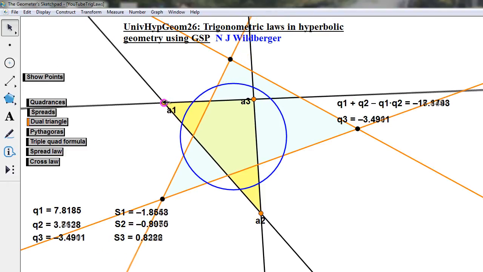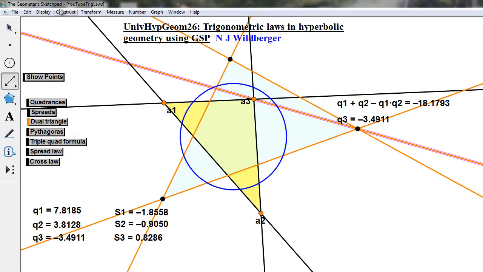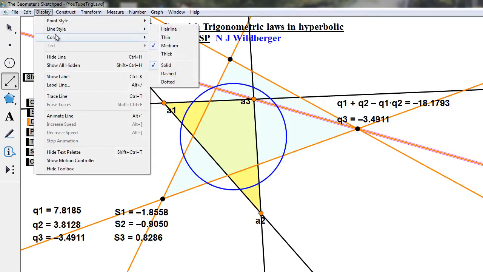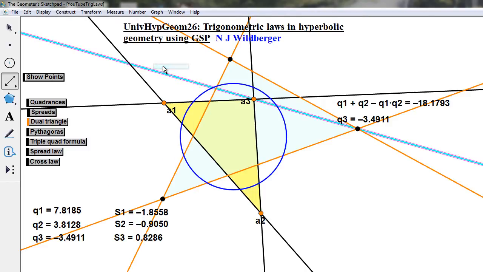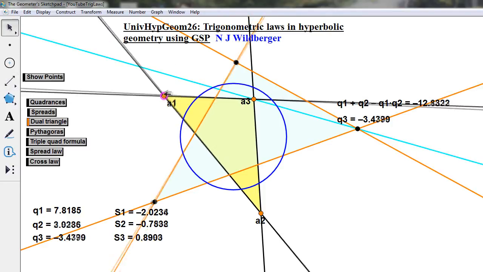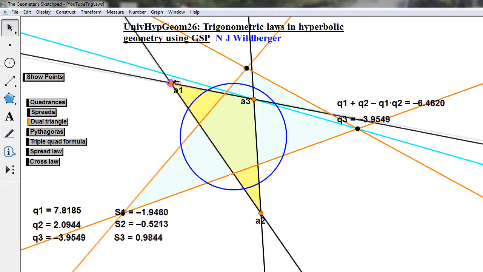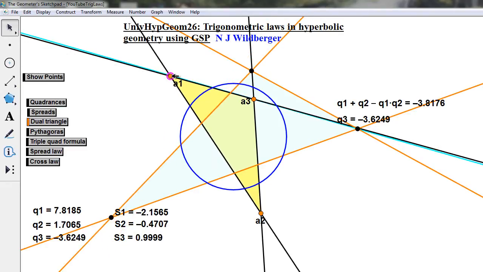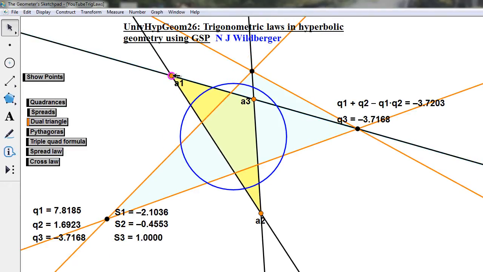Now one way of making that happen is to force that to happen. So suppose we make a line between this point and this point. Let's give it a different color so it looks a little bit different. Say blue. Now if we want to, we can put this point on this line, and that should give Pythagoras' theorem.